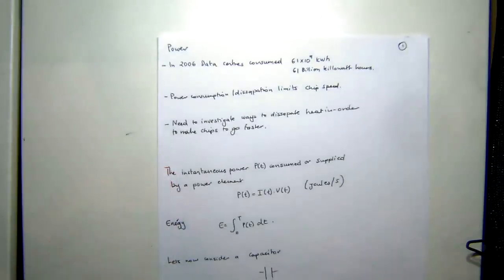Anyway, so that's the other reason, right? What we'll see is that power dissipation goes as a half CV squared f, and we'll talk about that in the next few slides. But essentially, power dissipation is one of the important issues that limits the overall speed of a chip.